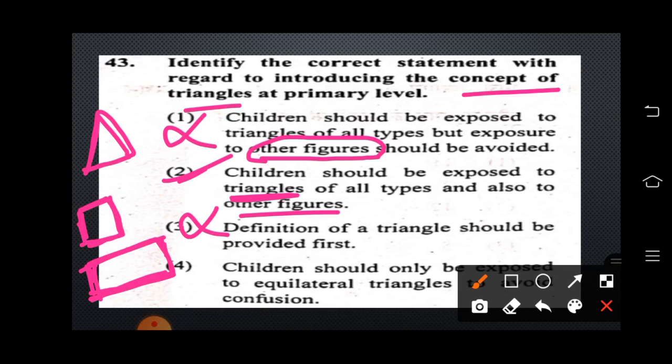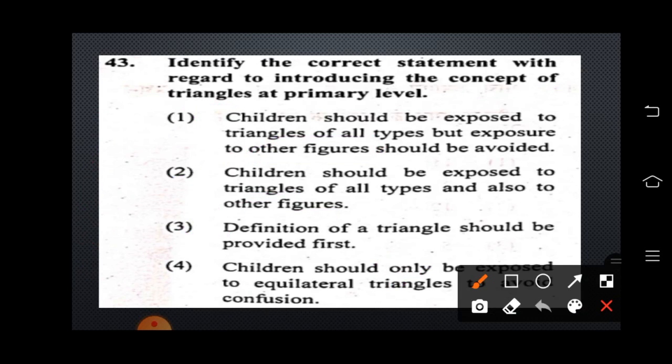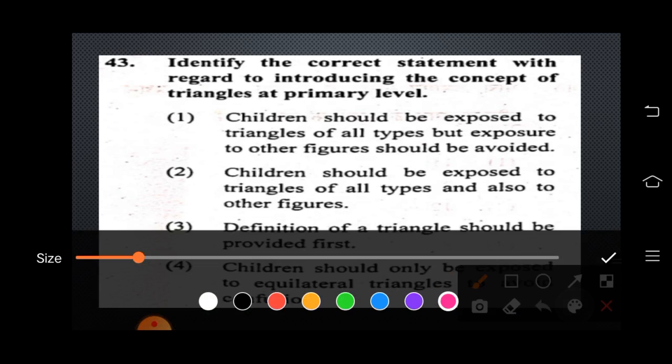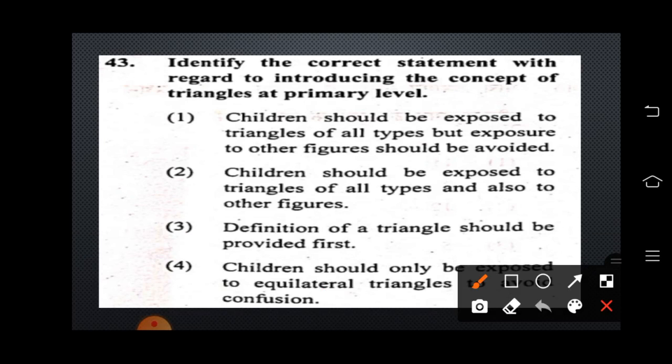And option 4, children should only be exposed to equilateral triangles to avoid confusion. So option 4 is also the wrong one. We can introduce them to equilateral triangles, but only to equilateral triangles is the wrong one. So option 2 is the right one, and the remaining are the wrong statements.